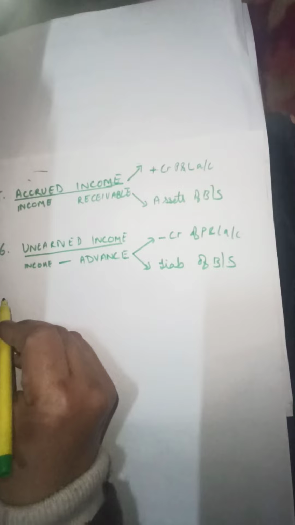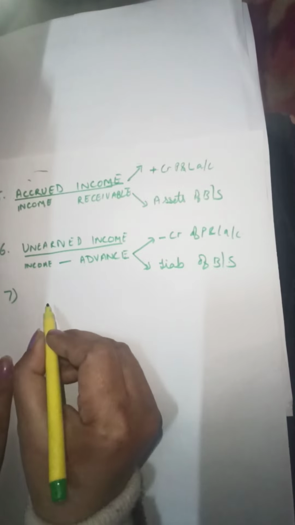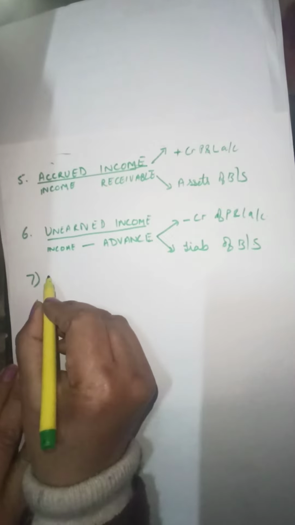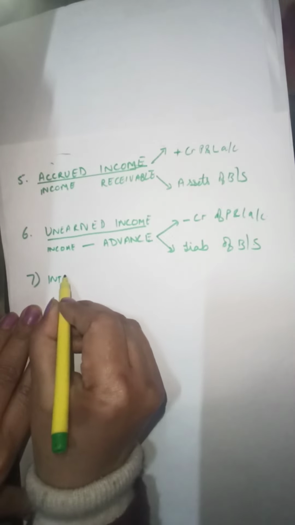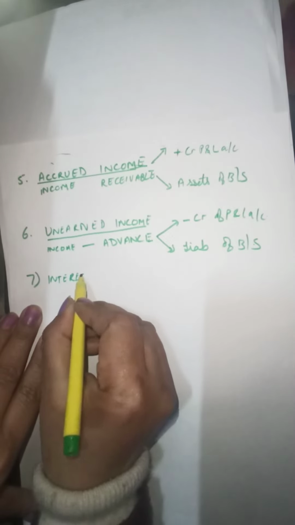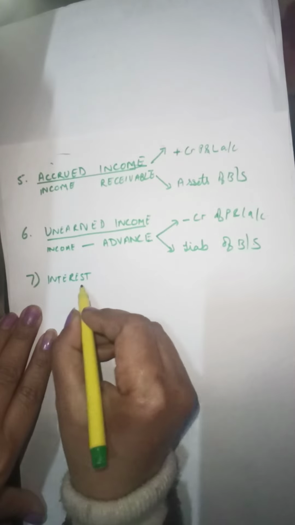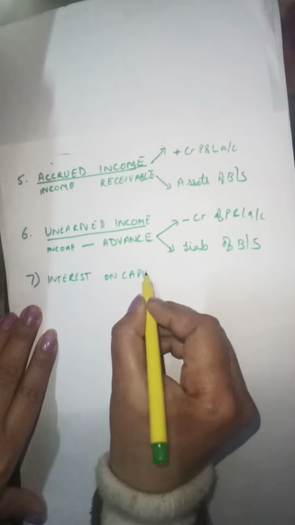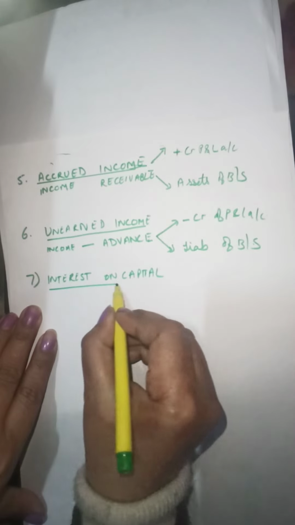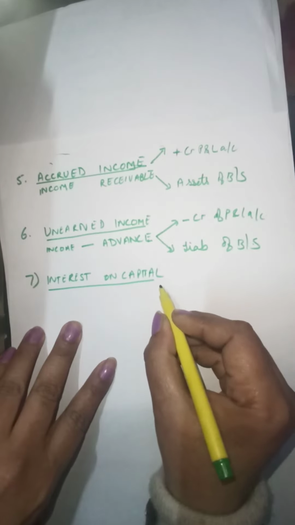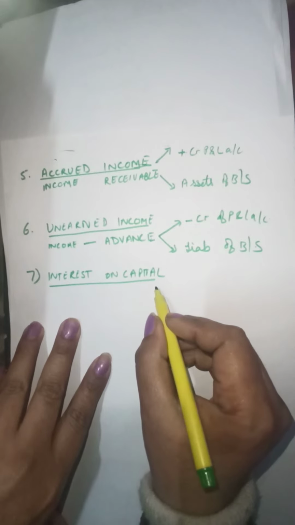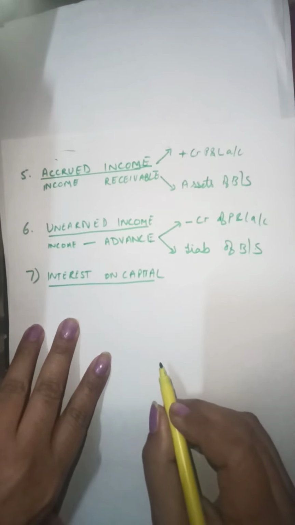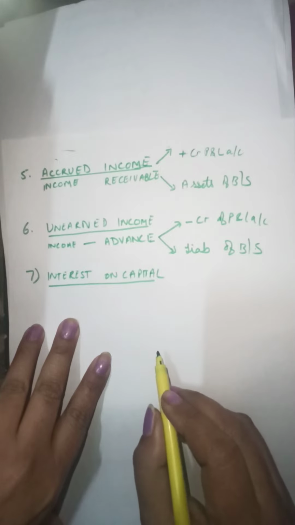Then the seventh adjustment is interest on capital. Now girls, if you remember the principle, I told you that business and businessman are two separate entities.